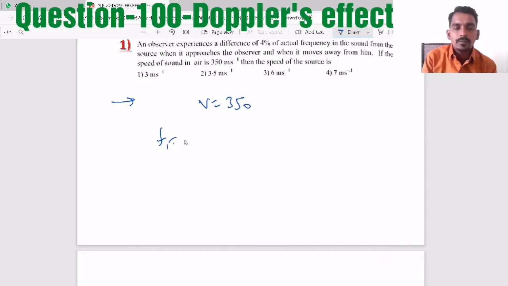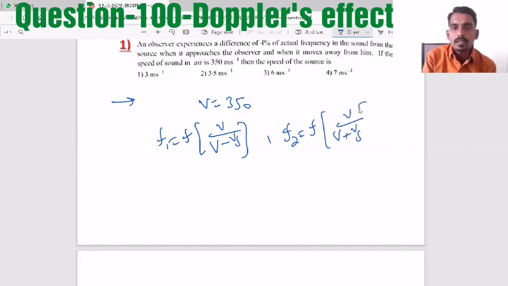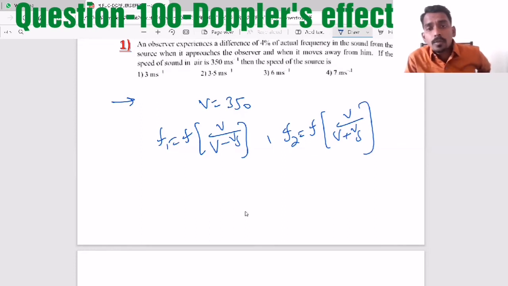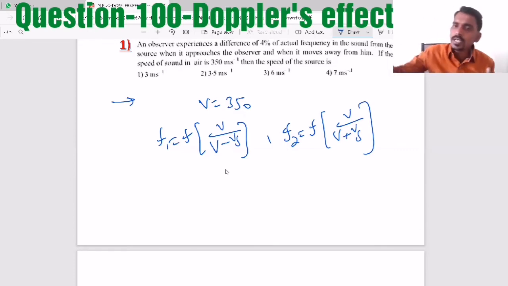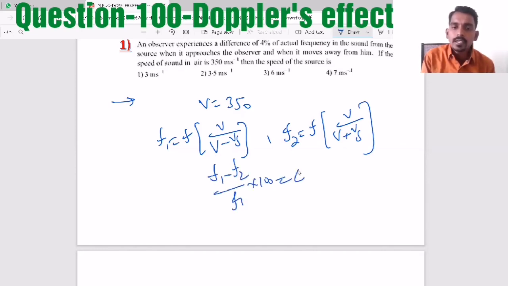First, when approaching, F1 is F into V by V minus Vs, and in the other case F2 is F into V by V plus Vs. There is a difference of 4% between these two frequencies: first he hears some frequency while the source approaches, then another while it recedes. That means F1 minus F2 by F1 into 100 is 4%. If you solve this equation, you will get the answer.